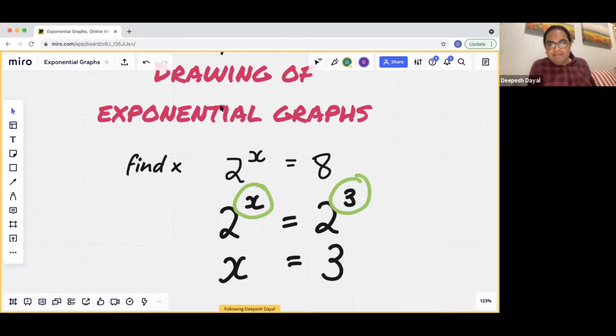Okay, I've got a smiley face here. What else? Who else can tell me how they feel about exponential graphs? Nobody. You haven't looked at this before.